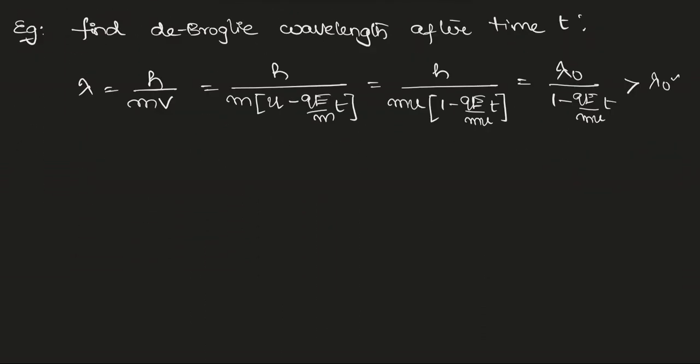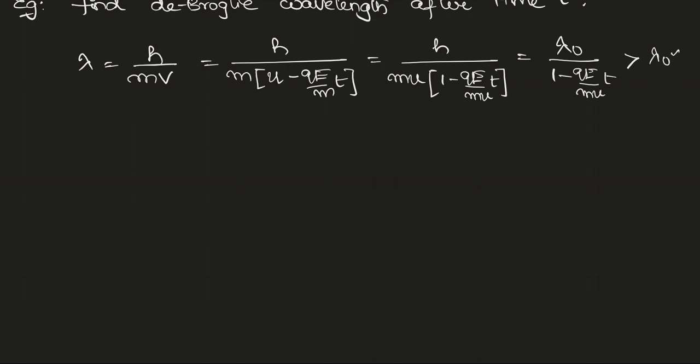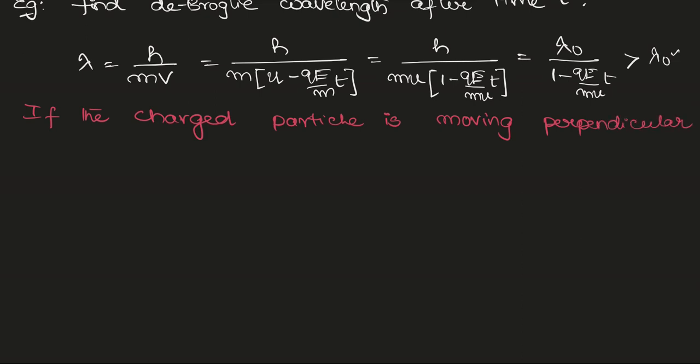Now the third case will be like this. If the charged particle is moving perpendicular to the field, suppose if the field is acting vertically downwards, this is our electric field direction.